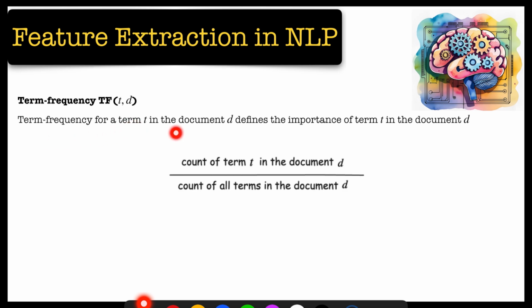Term frequency for a term T in the document D defines the importance of term T in the document D. It's basically how many times this term occurred in the document: count of term T in the document D divided by count of all terms in the document. So it's trying to find out, in one document, how many times this particular term occurred relative to other terms, which is why we divide by the count of all terms in the document D.